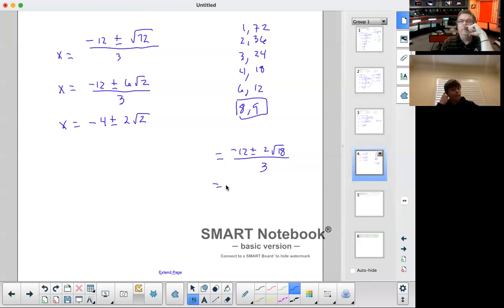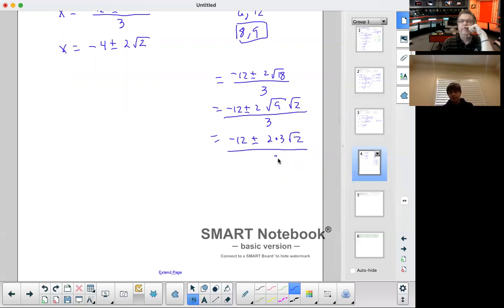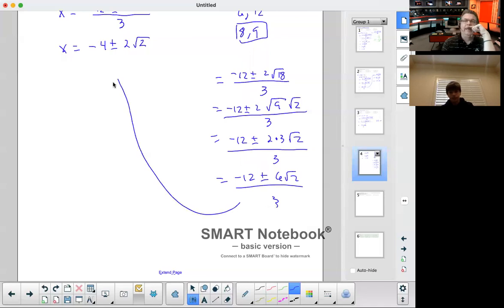Negative 12 plus or minus 2 square root of 9 square root of 2, right? So that would be negative 12 plus or minus 2 times 3 square root of 2 over 3. And then you finally have the same thing, right? And then that's equal to that guy, right?